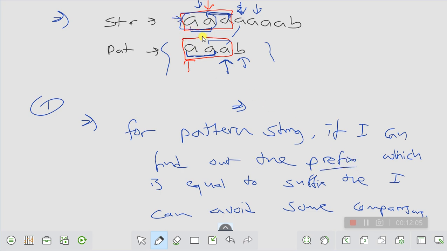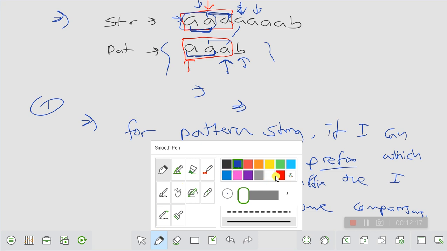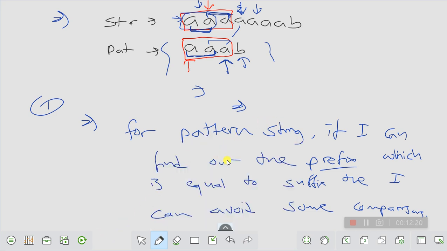So if I'm able to find out the longest prefix which is equal to the suffix, then I can avoid maximum comparison. Let me correct this statement: if I'm able to find out the longest prefix which is equal to the suffix, then I can avoid maximum comparison.